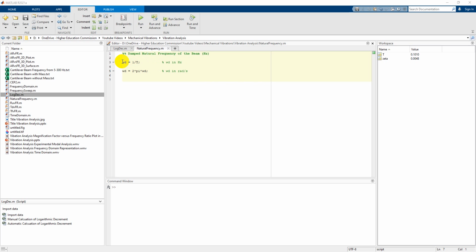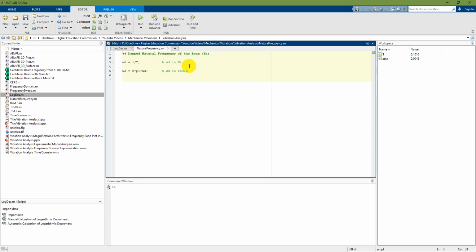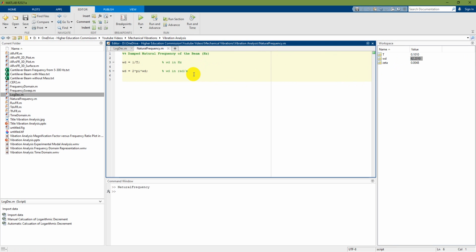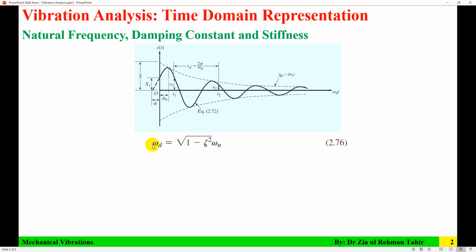So now f d is equal to 1 over tau, or 1 over the period of oscillation, and I'll get that frequency in hertz. Then omega d is equal to 2 pi f, or 2 pi times the damped frequency, so I'll get that in radian per second. So here we have omega d as this one in radian per second. So omega d is calculated.